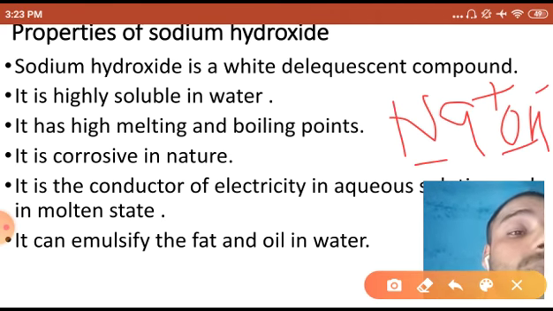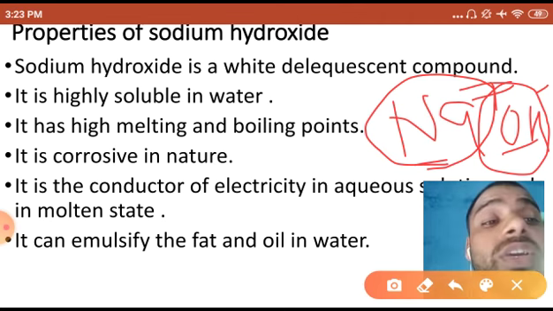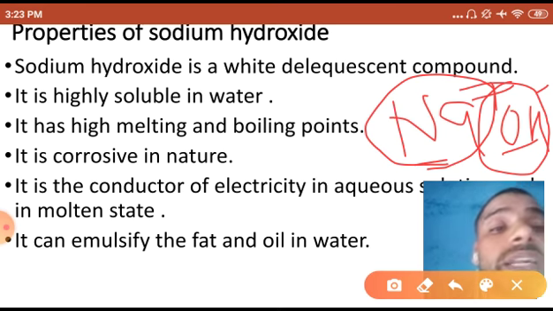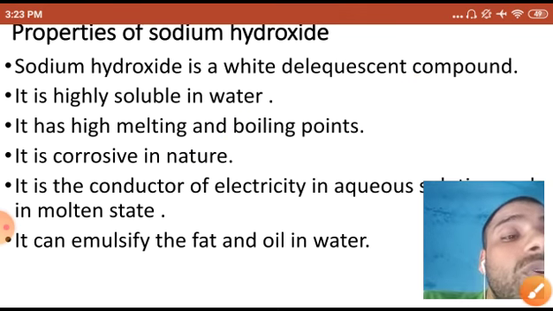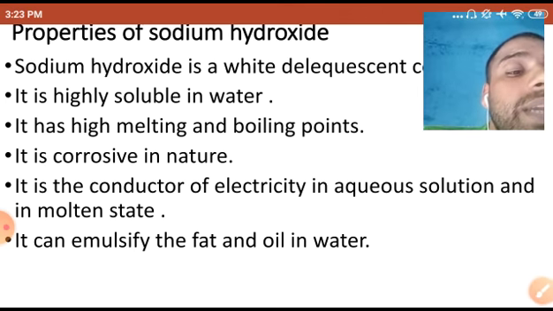It has a permanent ionic bond. Ionic bond is a strong bond, so it has high melting and boiling points, and it is corrosive in nature; it can damage your skin also. It is a conductor of electricity.